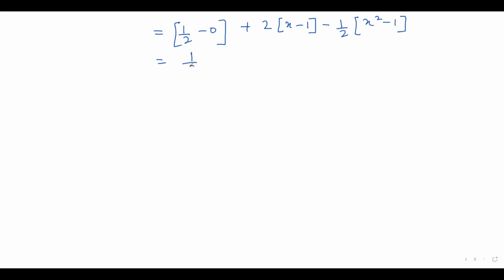So this cancels. Half plus half is 1, 1 minus 1. So we are just left with 2x minus x squared upon 2, and 1 minus 2 is minus 1. So this is our f3x.